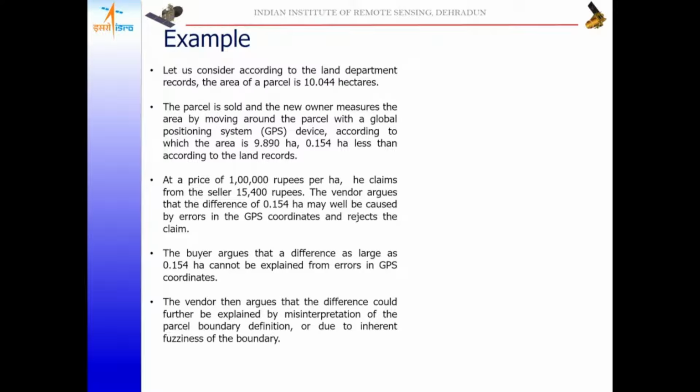GIS expert, GNSS expert, GPS expert, they will go on the ground and see the situation, and as per the practical situation they will tell you, okay, this is the actual situation, there is no difference, or if any difference is there, they will let you know. So that's why your role as a GIS expert, knowing the spatial data quality, is very much important. So did the buyer move along the inner edge or the center of the ditch that's around the parcel?